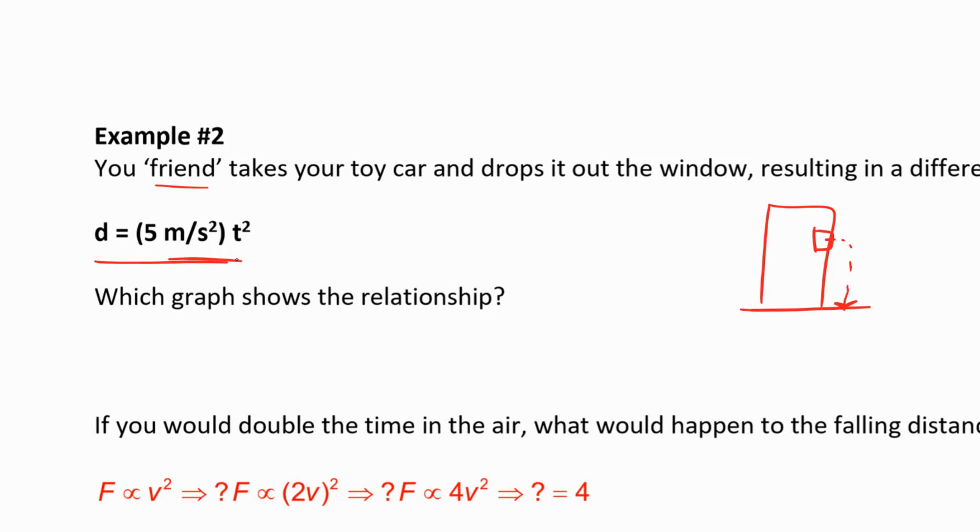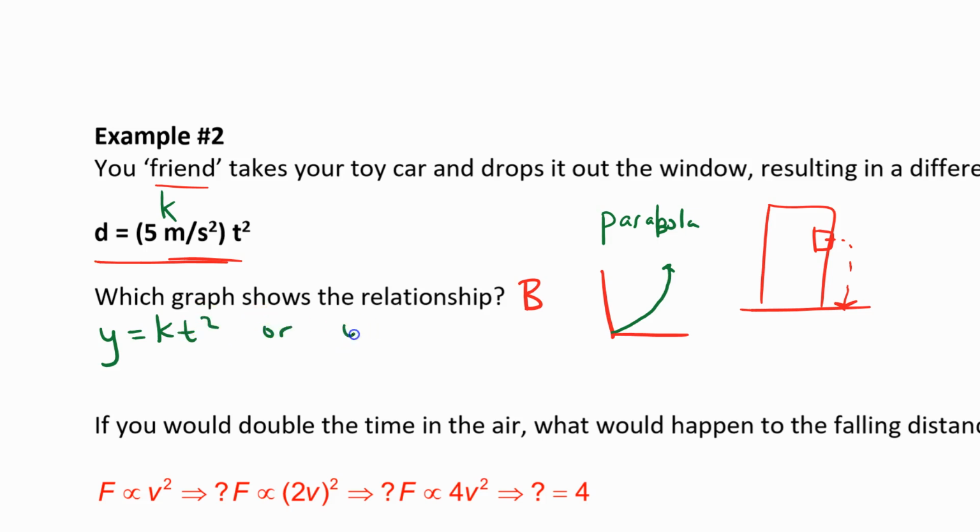Well, I think it's letter B, it's the one that looks like this, the parabola one. Because this is the k part, it would be the one where y is equal to kt squared.